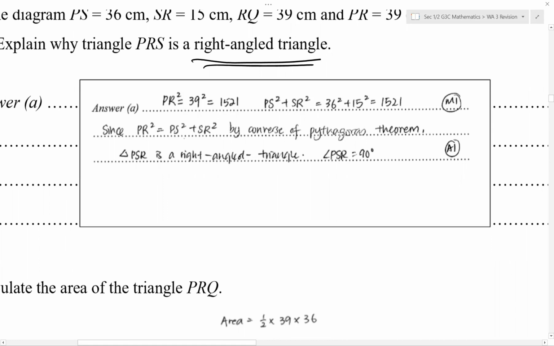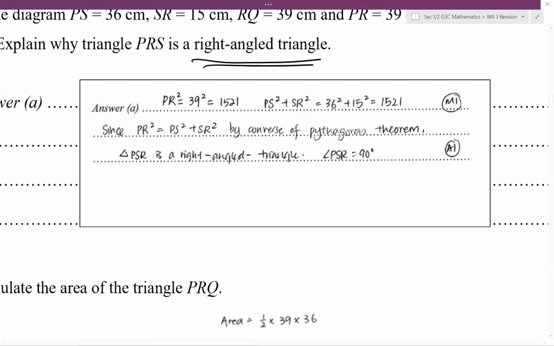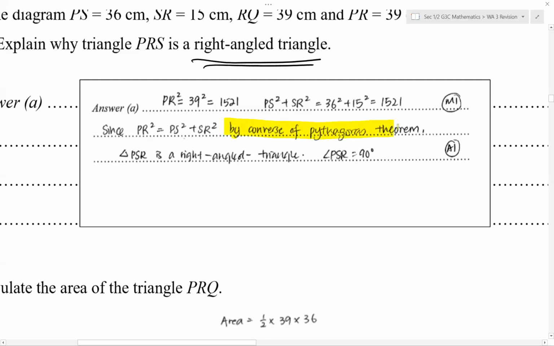Write down the value, 1521. You add up the squares of the other two sides, so the PS square plus the SR square, you get 1521 again. So since these two values are the same, by the converse of Pythagoras theorem, it is a right angle triangle.